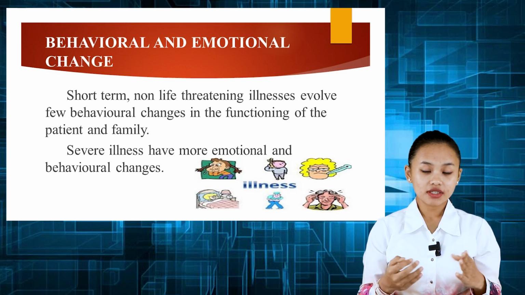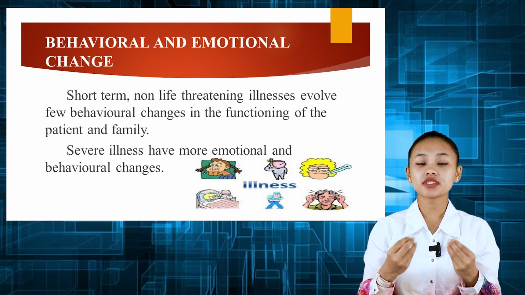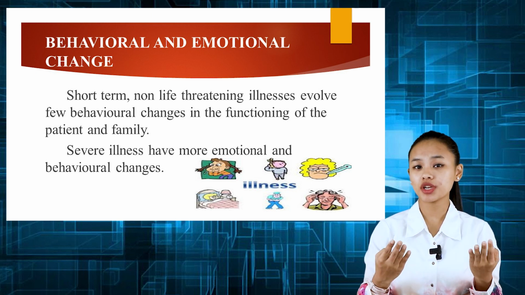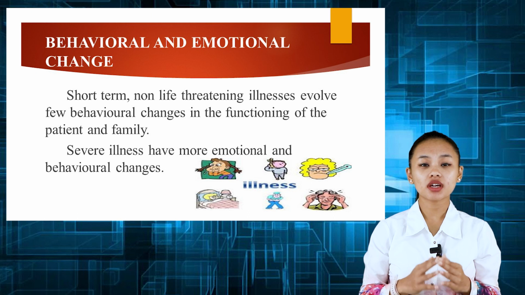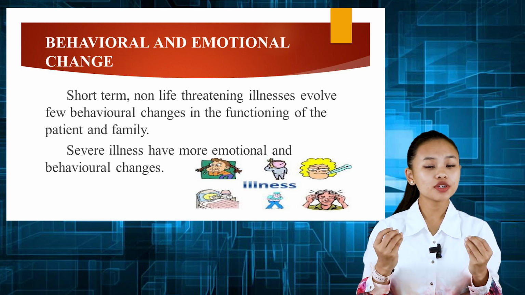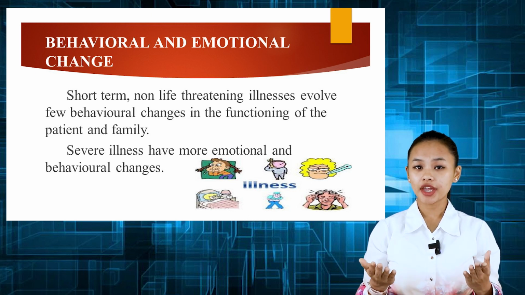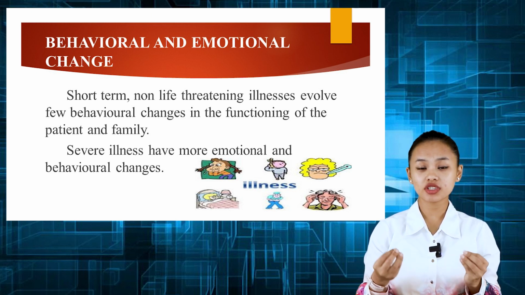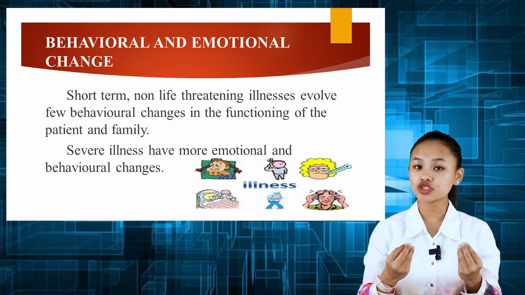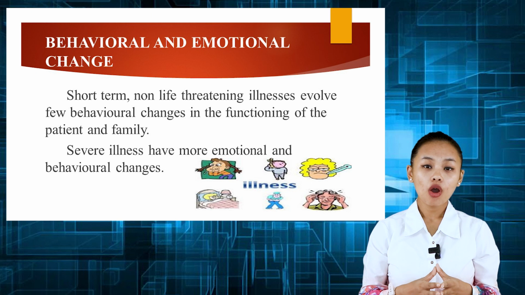We might have seen that if a person has an illness which is only for a short duration and is non-life threatening, he or she will go through certain behavioral as well as emotional changes, but these changes will only last for a short duration of time.